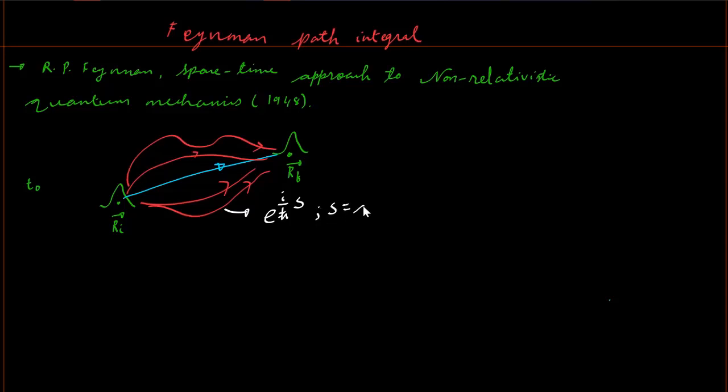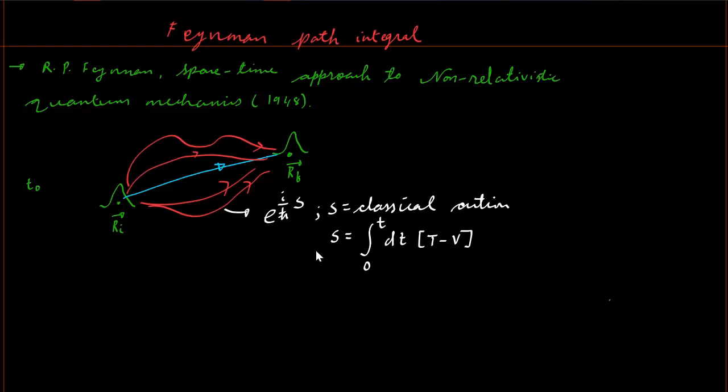Okay, so S is the classical action. So I can write this action as the integral from the initial time t equal to 0 to the final time t equal to t, dt times its Lagrangian, and we know that the Lagrangian equals kinetic energy minus potential energy, and this describes our classical action.